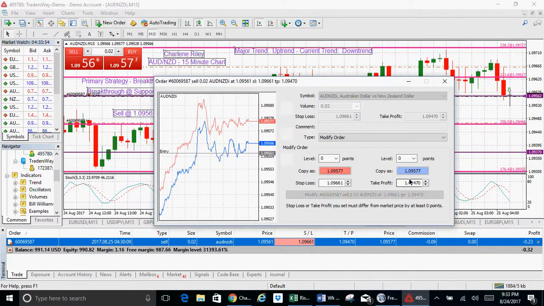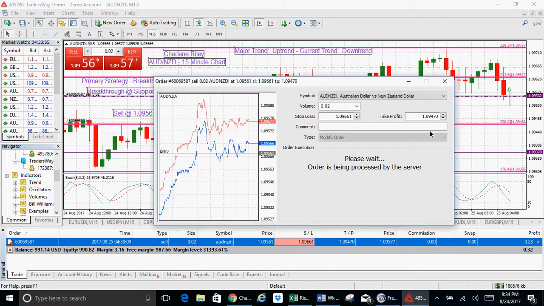I'm going to adjust that so it can be for an even 10 pips. And we're frozen again.